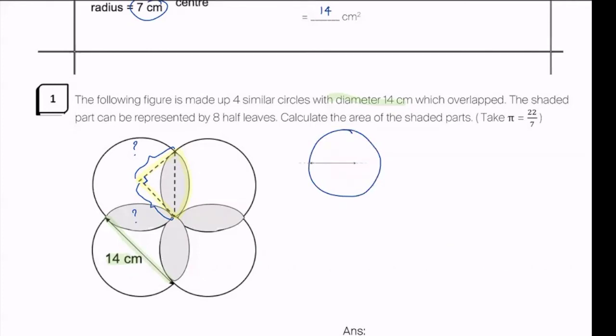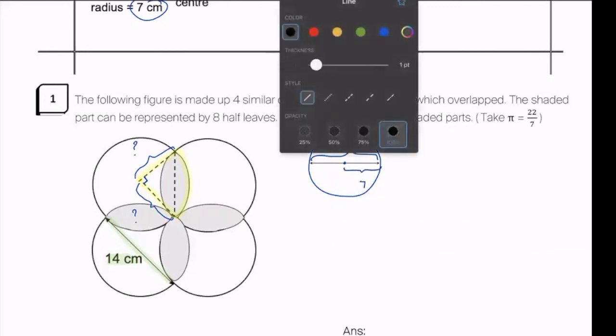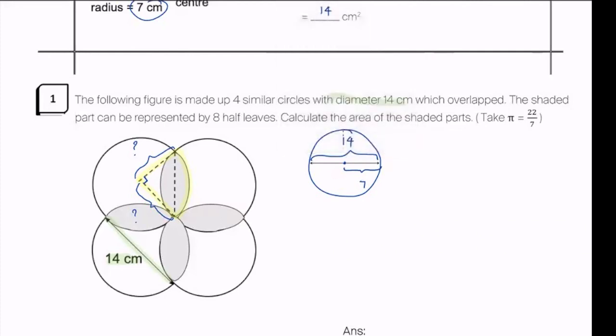This is your diameter, and this is the center. If this whole thing is 14, what is this? 7, right? And look, one circle has 4 quadrants, isn't it? Yes, Jaden is correct, well done. So in this case, the radius of the quadrant is 7.